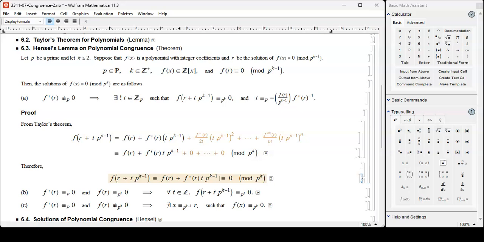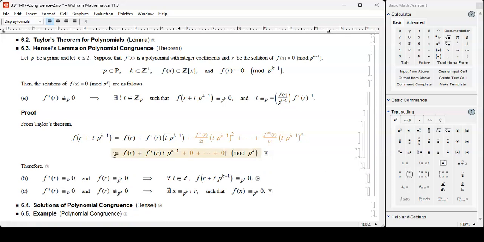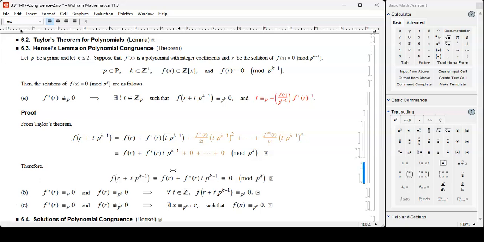Actually, excuse me, I neglected one thing. It's a bit harder than that. Sorry about that. Let's go back to this. We got up to here, and then we're going to use this one here, which I am highlighting in red. So it's not that trivial.